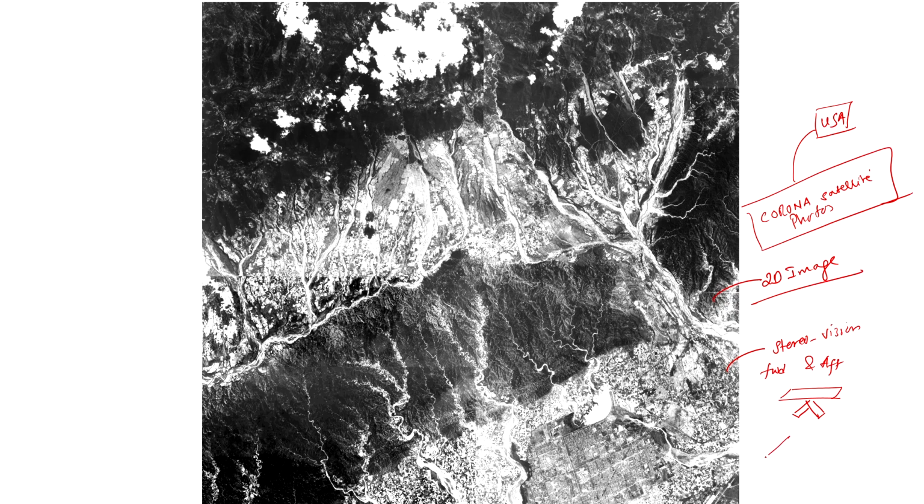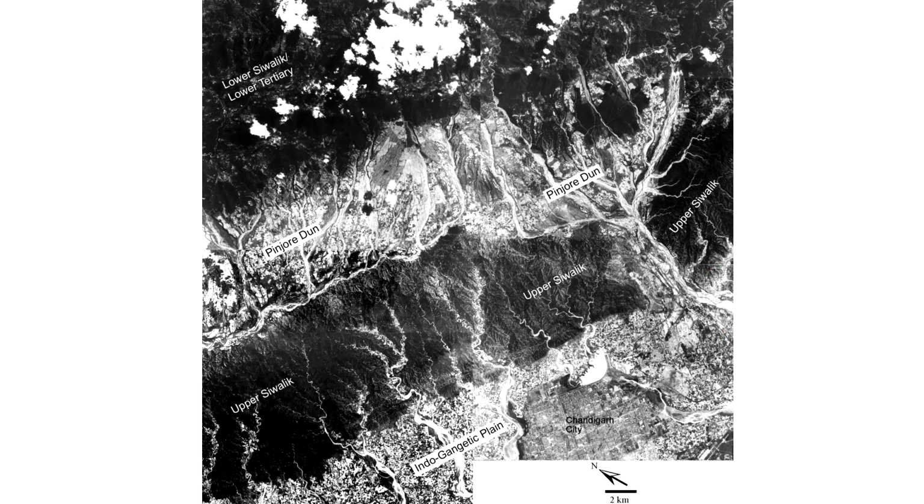If you are viewing this terrain, one camera will scan this area, and when the satellite moves here, the other camera will scan this area. So the same area has been scanned by the forward and aft cameras. This gives you the possibility of getting a 3D view, and these are what we call stereo images.